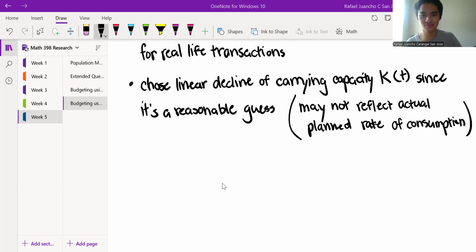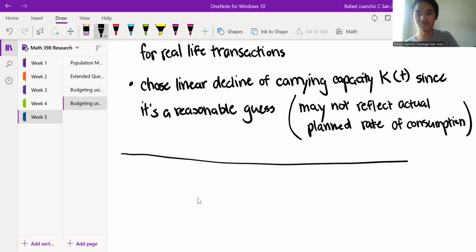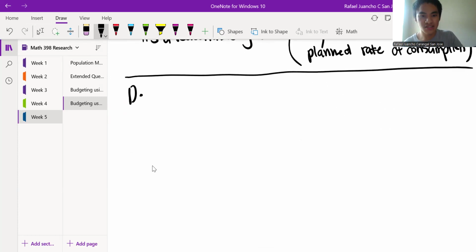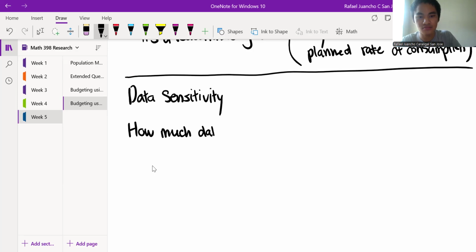Okay. Then we also talked about data sensitivity, which is again an issue that I'm working on because I don't know how to build a model that improves if we're given more data. So this begs the question of how much data is enough, right?